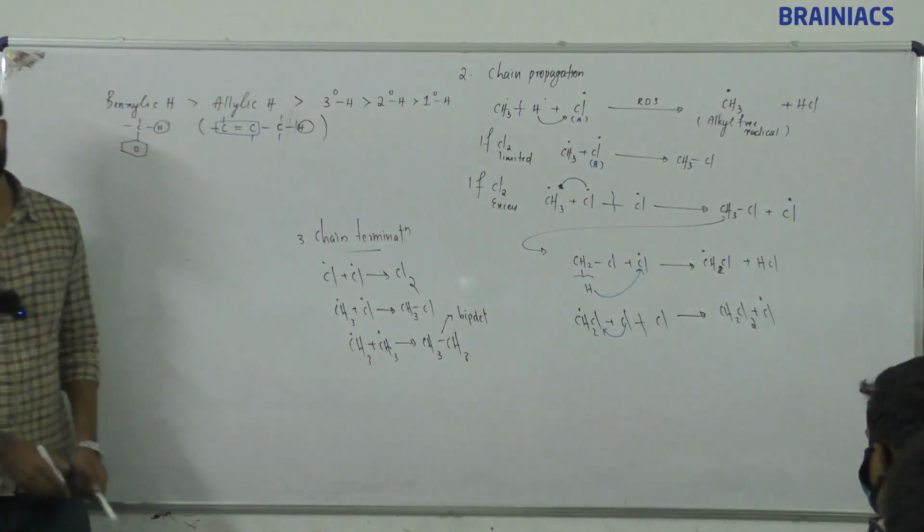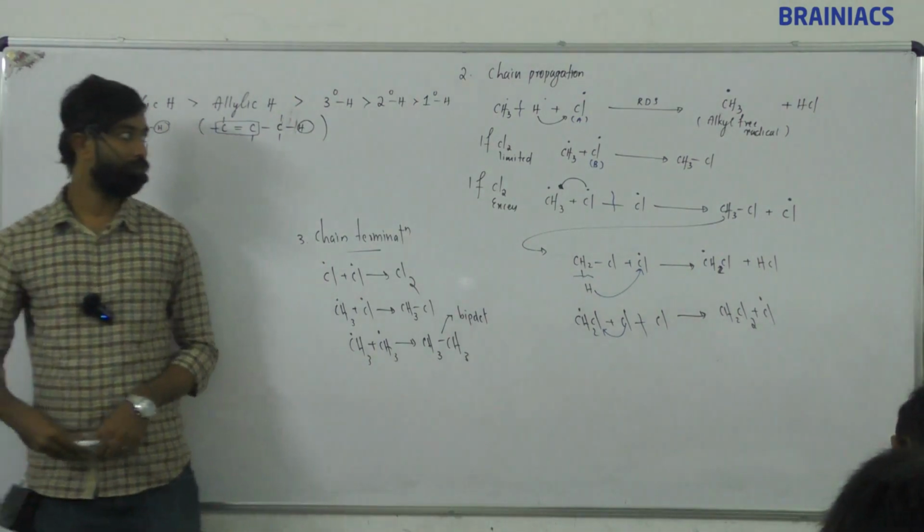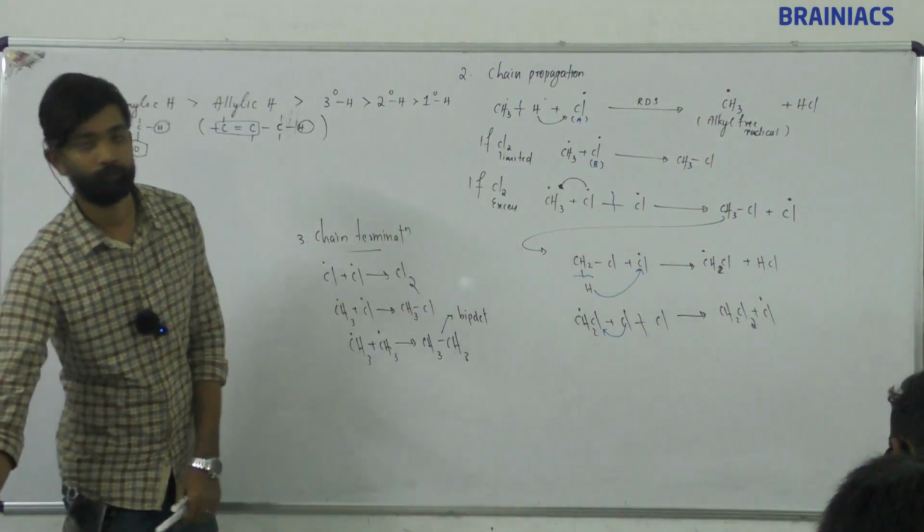And this is the decreasing order of stability of the free radical, and that will be the order of removal of hydrogen.